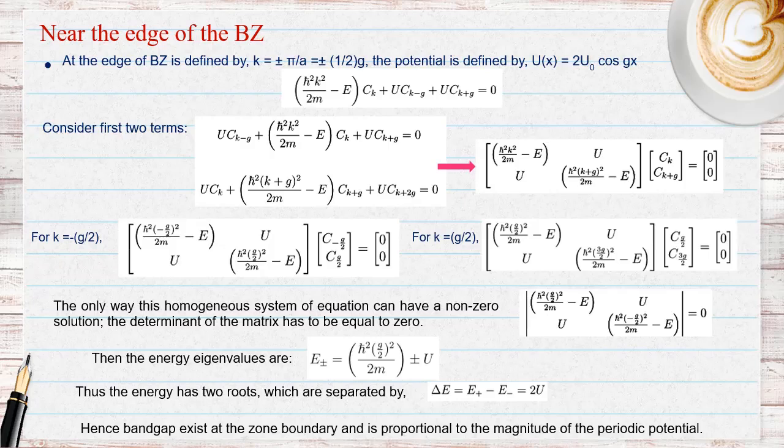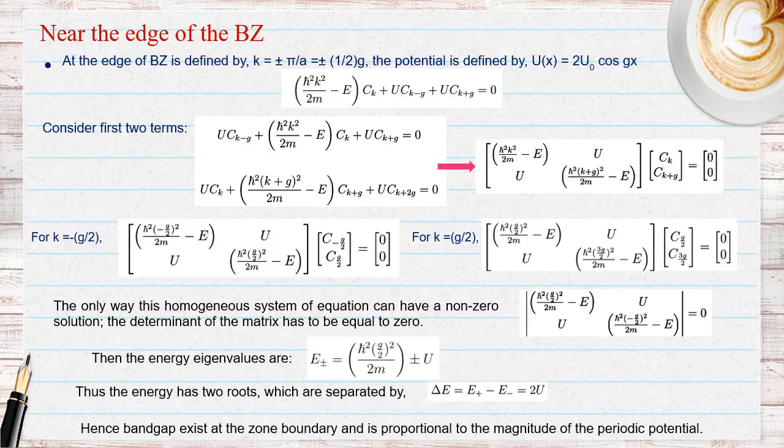Again we consider the simplest cosine potential as we considered earlier, that is U of x is equal to 2 U0 cos gx. The set of wave equations, the first one, is (h cross square k square by 2m minus E) times c_k plus U c_(k minus g) plus U c_(k plus g) is equal to 0.